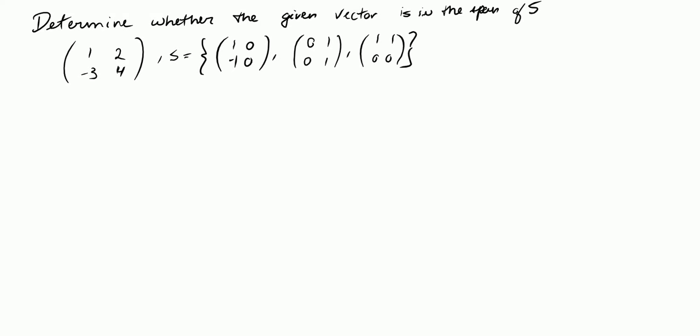So in this video, I wanted to determine whether the given vector, which I'll call u, is in the span of S, where S are these three sets of vectors. I know they're matrices, but in linear algebra, the general term for an element is a vector. So how would you do this?